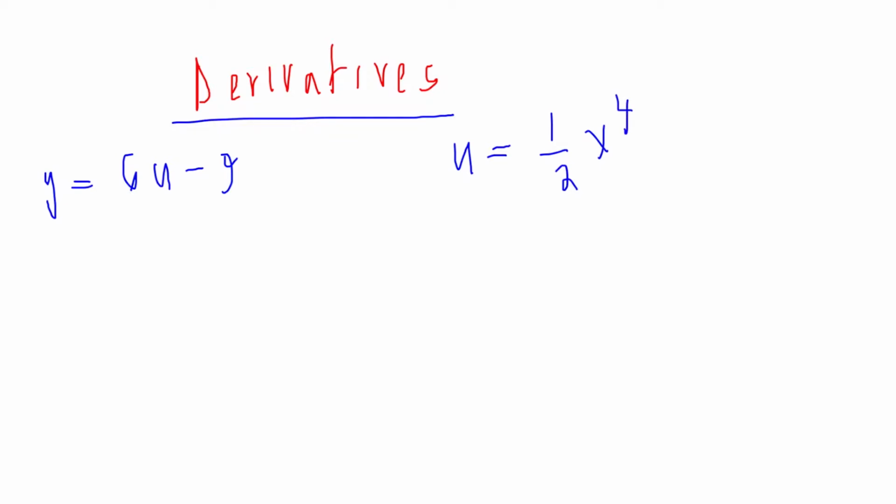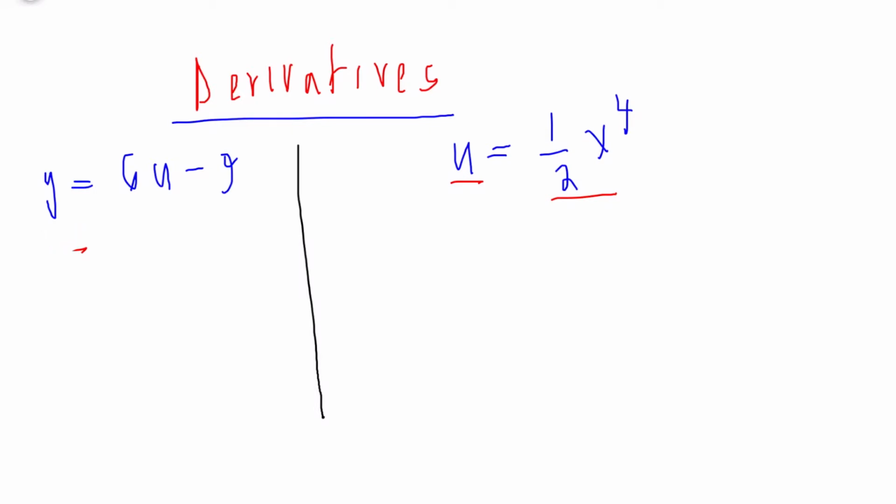So this is a function of u inside a function of y. How to find its derivative is what we're going to learn here, using a method called the Leibniz notation, the Leibniz method.